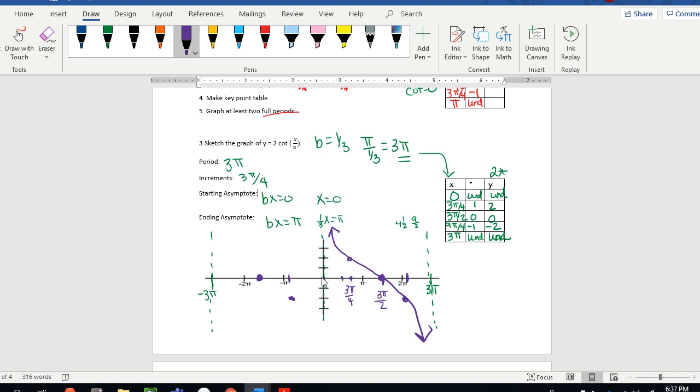This one's up at 2. I'm trying to line up 2, and it's really hard. Somewhere in here is my halfway point between the asymptote and the middle. This is going to come over and turn, and it's taking off really quick. Okay, so there we go.